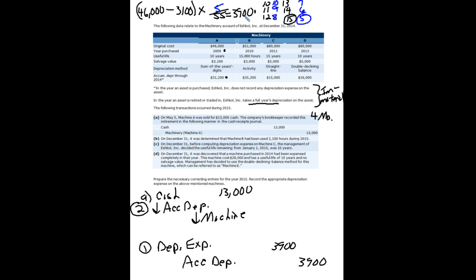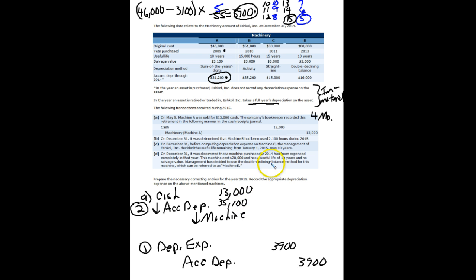So accumulated depreciation is going to be $35,100. And again, that is taking this $31,200 plus the current depreciation of $3,900 to get $35,100.